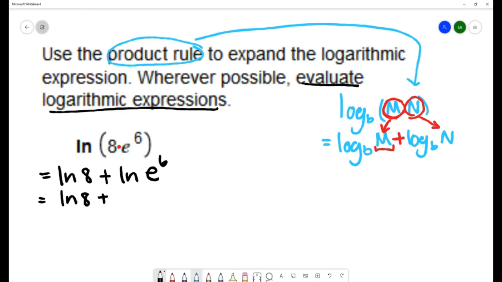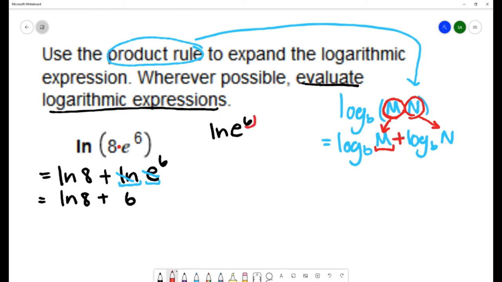So one way we can think about it is that natural log and e are inverse operations, and those operations cancel each other out, and you'll get just 6. Another way to simplify natural log e to the 6th would be to use the power rule for logarithms.